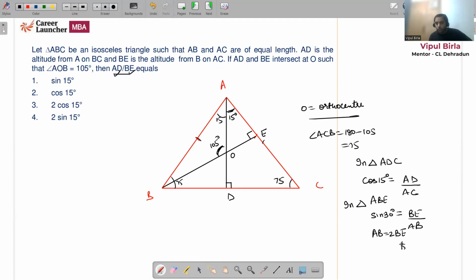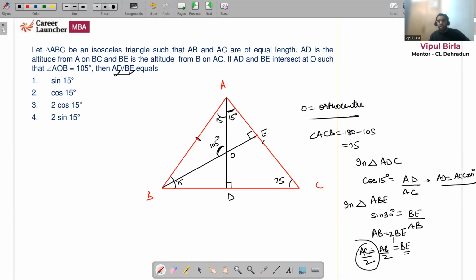So BE will be equal to AB by 2, or we can say this is equal to AC by 2 also, as AB and AC are the same because it's an isosceles triangle. So I know the length of BE, which is AC by 2, and from this equation the length of AD is AC cos 15.